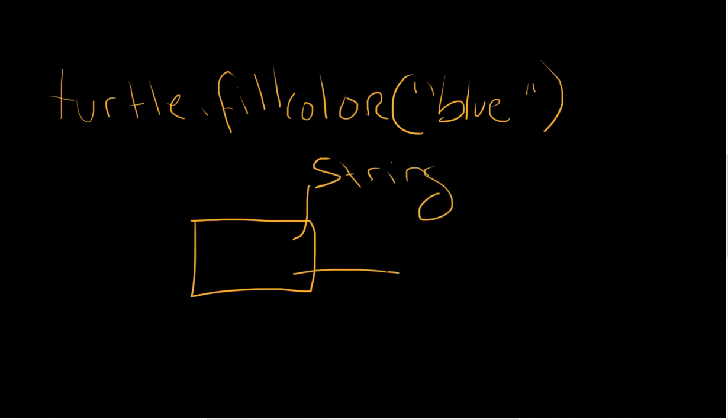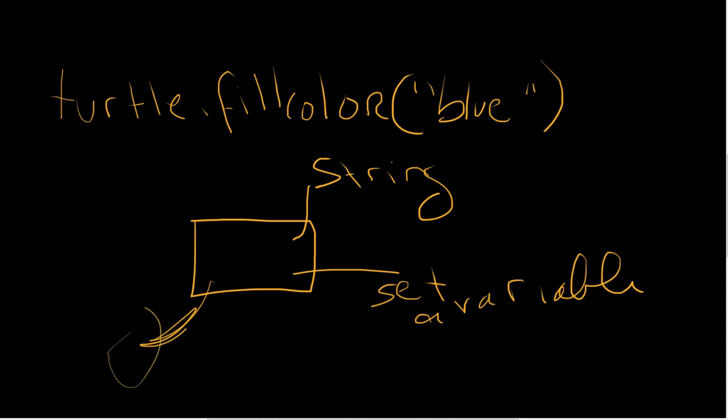It actually just does something behind the scenes, which is really setting a variable that is the fill color inside of that class. So nothing gets returned to the program itself from the turtle.fillcolor method. A lot of turtle methods are like that. For instance, we have different ways to set the color, we're going to move it forward, we're going to turn it, we're going to set a heading. It doesn't need to respond to the program.